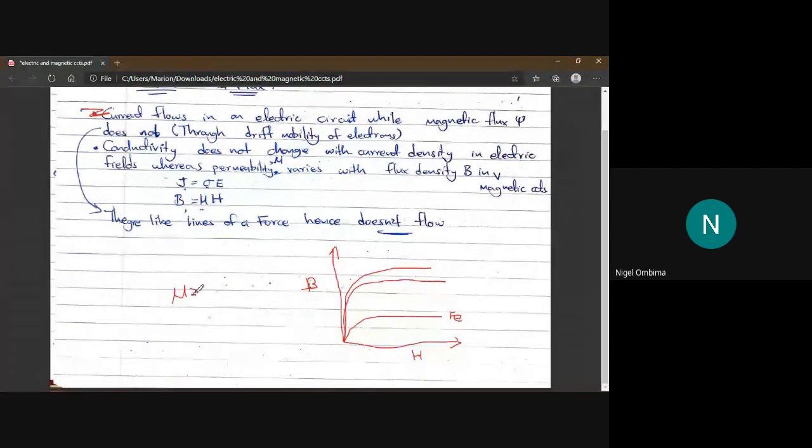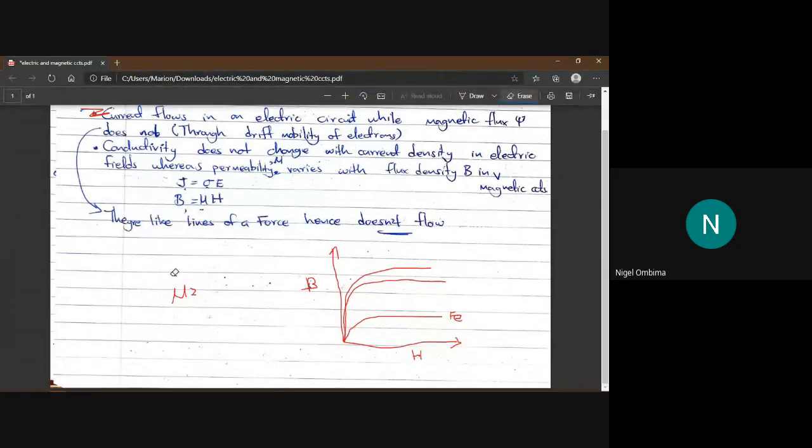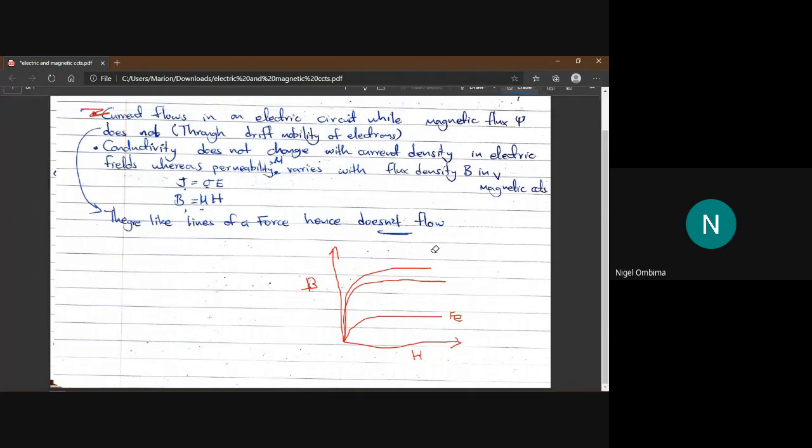Permeability mu is equal to B over H. To also help you explain it, think of it as biashara, like a business. When you open up a business, it's an investment, and every business is supposed to give returns, ROI, return on investment. So the more you keep investing in your business, the more you get returns.